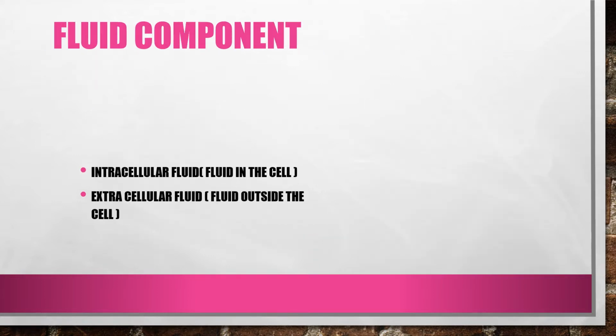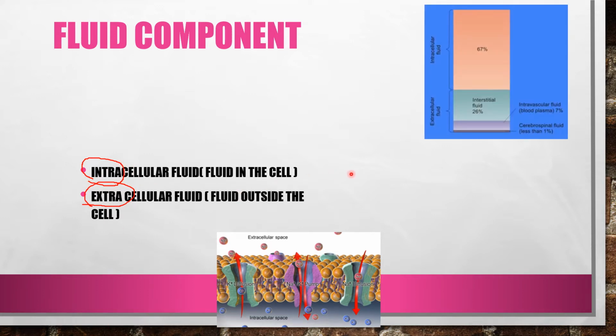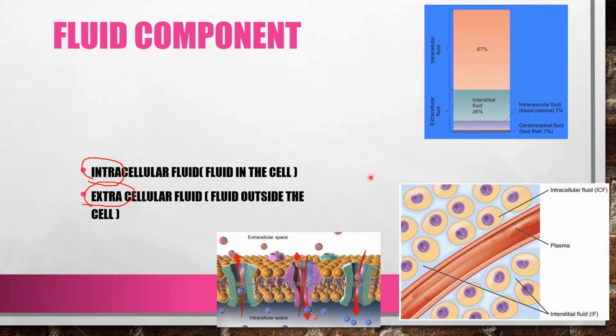Next, what are the components? In fluid components, there are two types: intracellular fluid and extracellular fluid. Intra means inside and extra means outside. The fluid present inside the cell we call intracellular fluid. In this image you can see the cells.